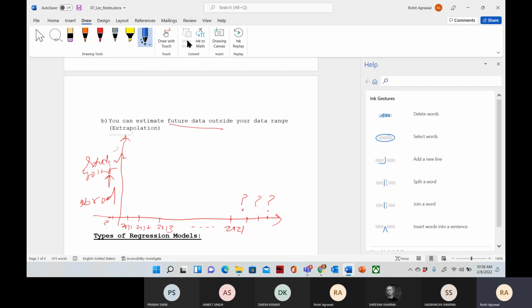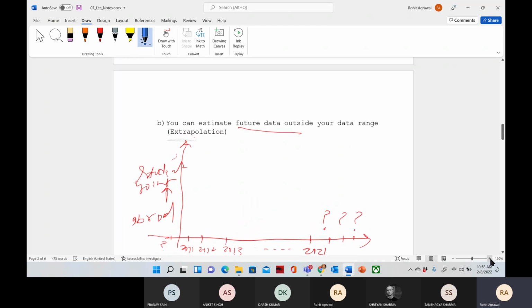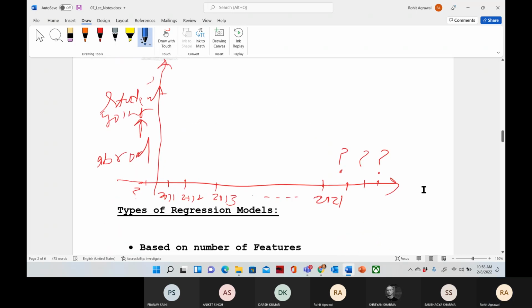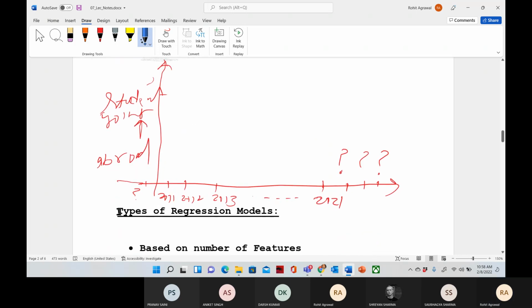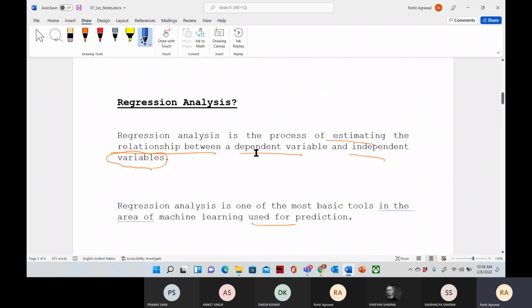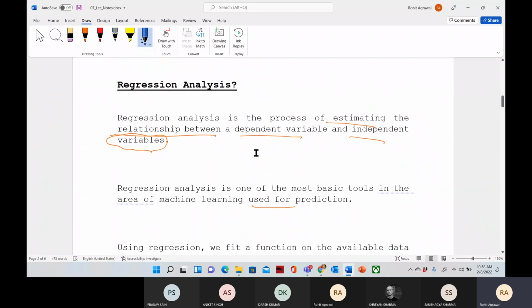So extrapolation is clear. Linear regression can have two scopes: estimating data points within the data range and estimating outside the data range. Clear? So the definition is clear. What is regression analysis? What is the purpose?